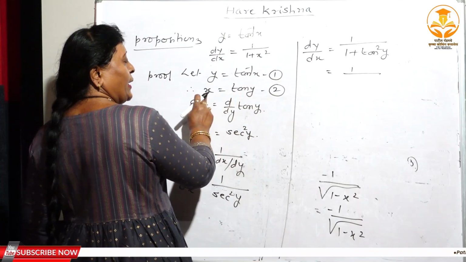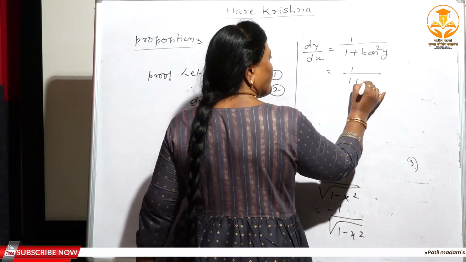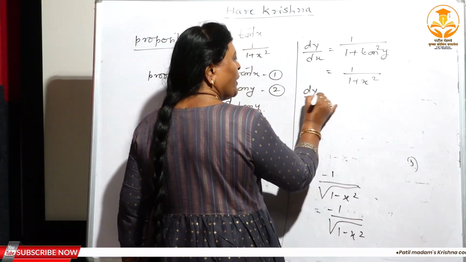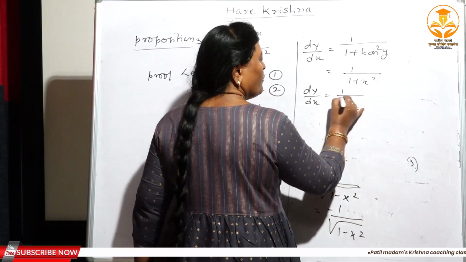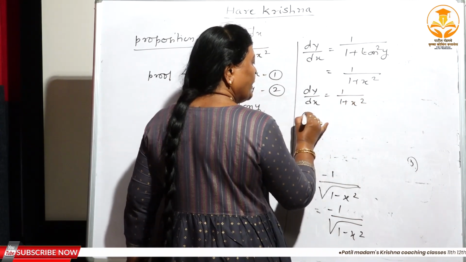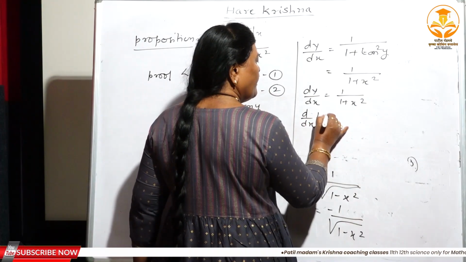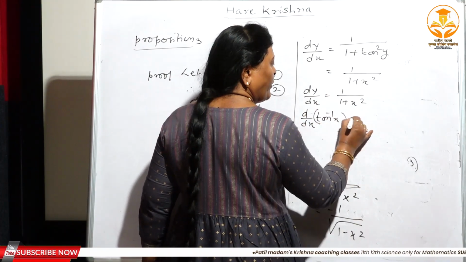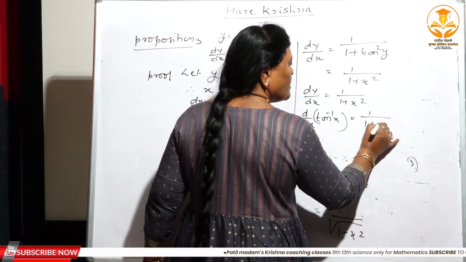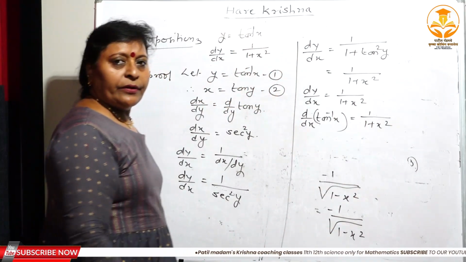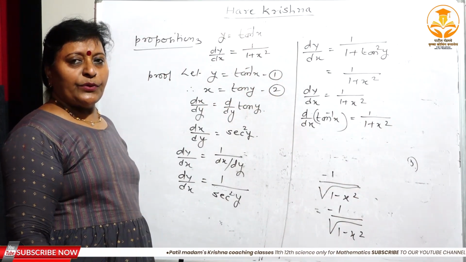From the second, it is x. Therefore, dy divided by dx is equal to 1 upon 1 plus x square. And y is nothing but tan inverse of x. Therefore, the derivative of tan inverse x you have got as 1 upon 1 plus x square. That is the third proposition.